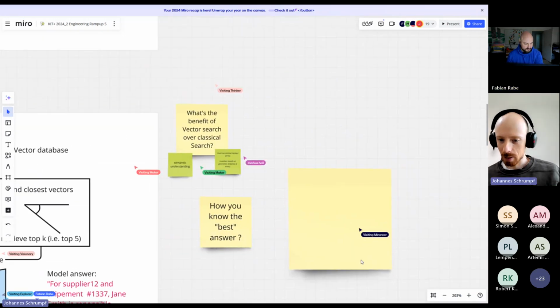Okay, I mean, there's one big sticky note, but nothing is written on it.